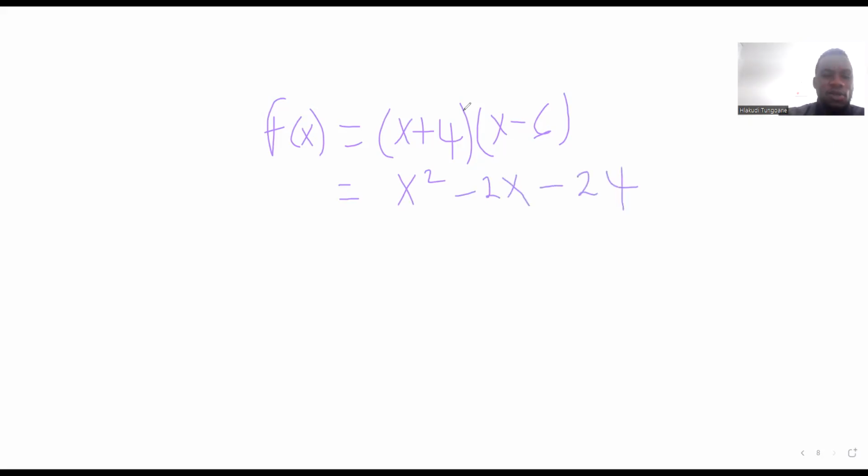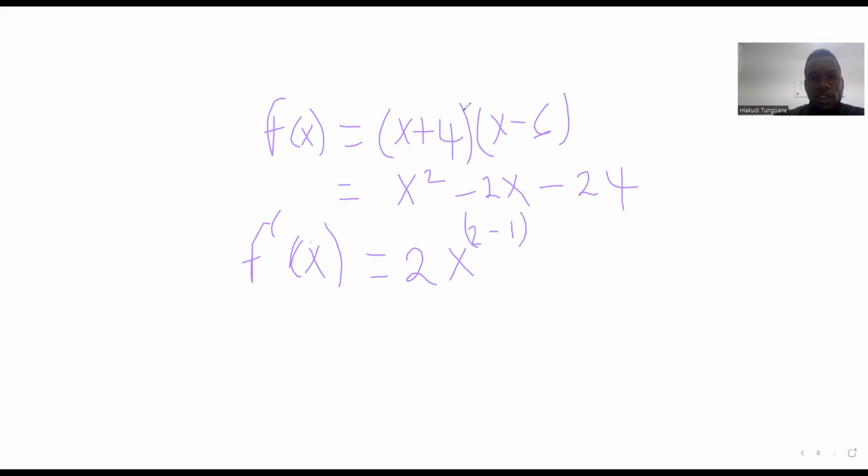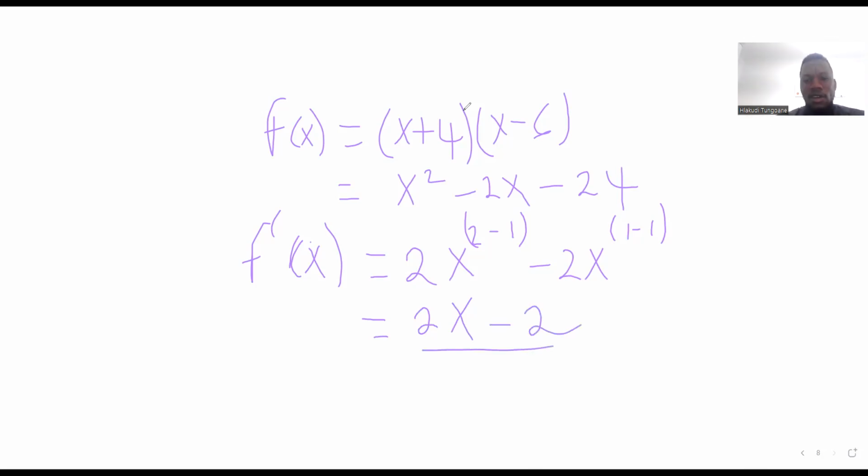Okay, so now can we find the derivative of f of x? The derivative is going to be 2x to the power 2 minus 1, then minus 2x to the power 1 minus 1. Remember the derivative of a constant is 0. So this is going to be 2x minus 2. Okay, so what do we know? This is the derivative of f of x at any point.